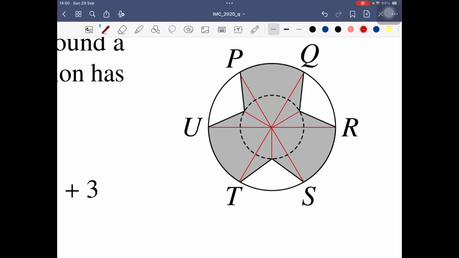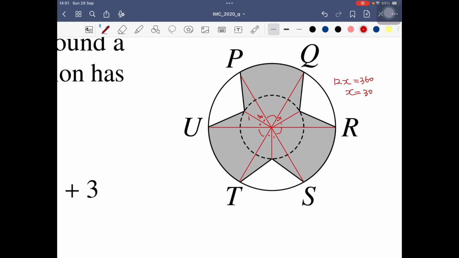It looks like some symbol. So these 2 are staying with here, these 2 are staying with here, which means all together they have 12 small angles. So let's call this small angle x, 360. So x becomes 30. So for example, this is 30.